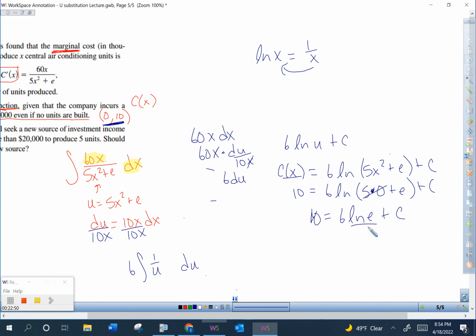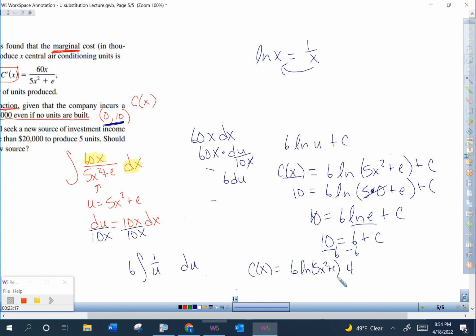Natural log of e is just 1. Okay, if you don't know that, your calculator does. 6 times 1 is 6. And that tells us our constant is 4. And it's really 4,000. Remember, okay, we're talking about this cost in thousands. So, final cost function, 6 natural log of our big mess here, 5x squared plus e plus our constant.